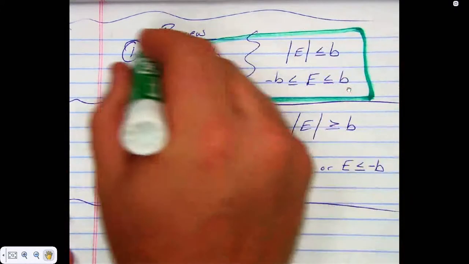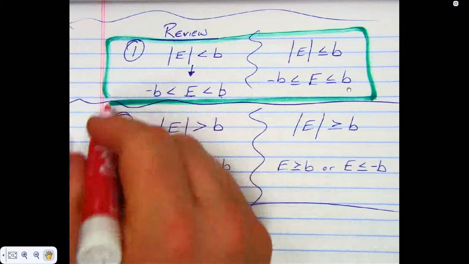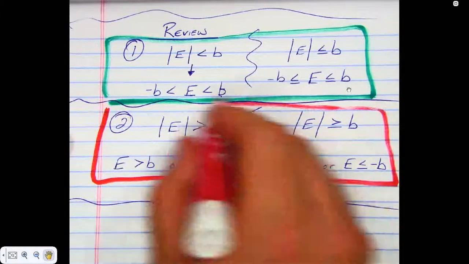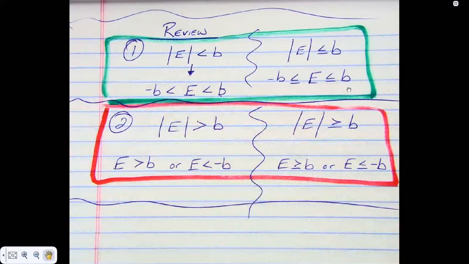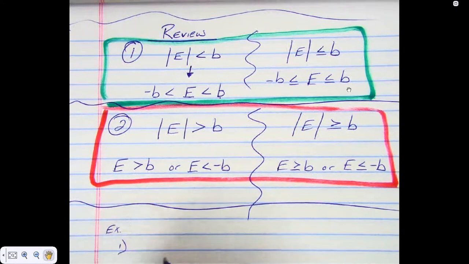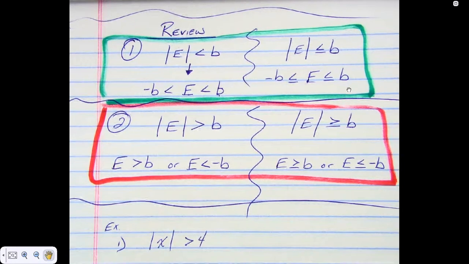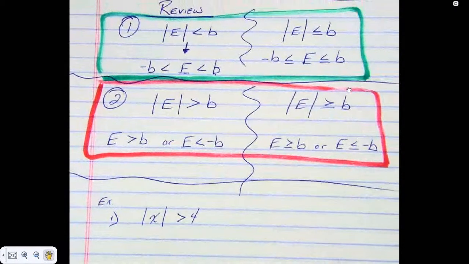The ones we just worked on here, or the ones we're getting ready to work on here. So you have to ask yourself, which one do you have? Example: X is greater than 4.